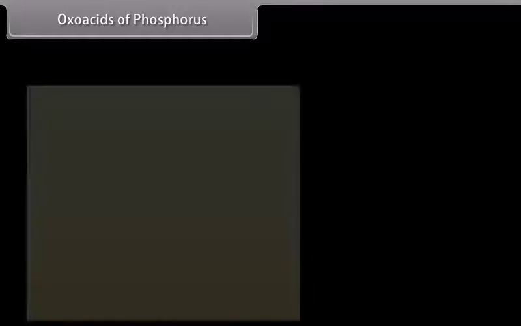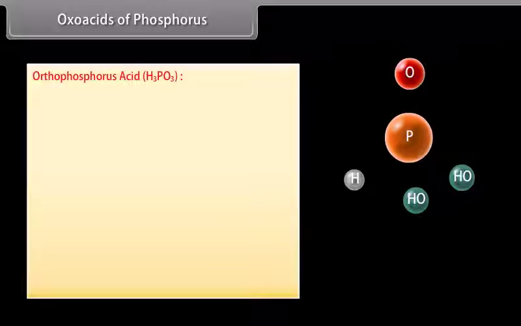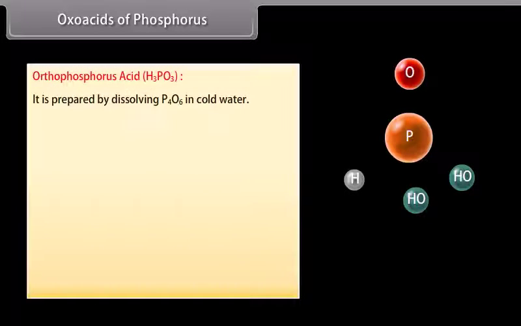Oxoacids of phosphorus. Phosphorus forms a number of oxoacids. The important oxoacids of phosphorus are the following. Orthophosphorous acid. It is prepared by dissolving P4O6 in cold water.